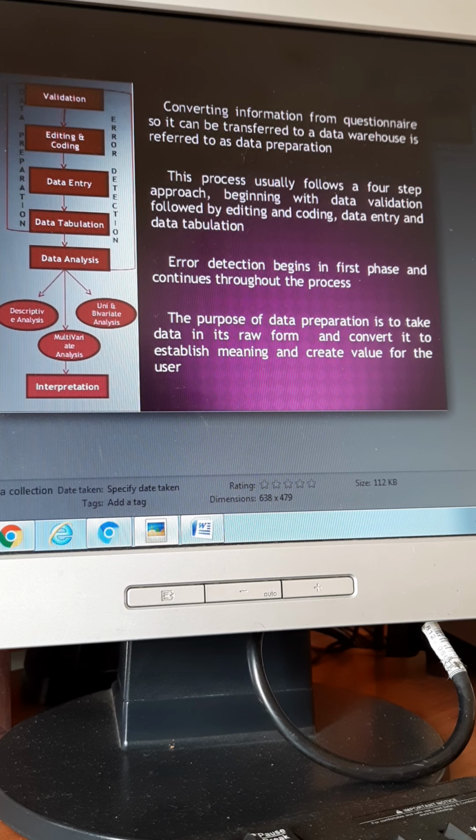We have done sampling, and there is one small portion after sampling that is there in your syllabus in module 4. It is preparing the data after you have finished your field work. What happens? That is what this little aspect is about.